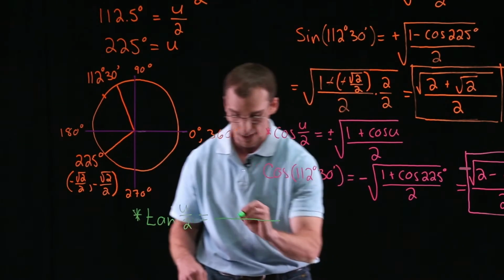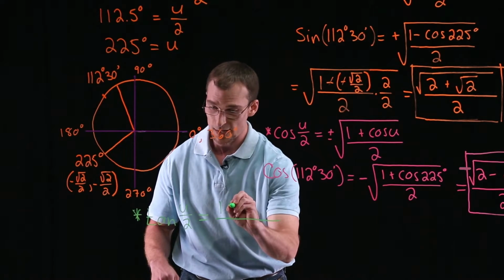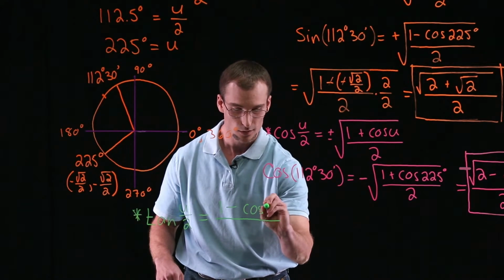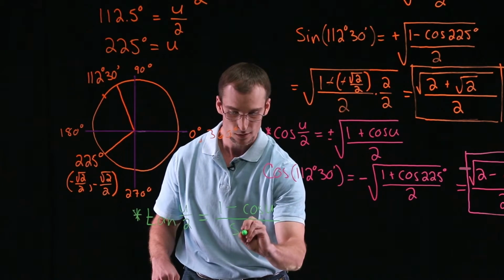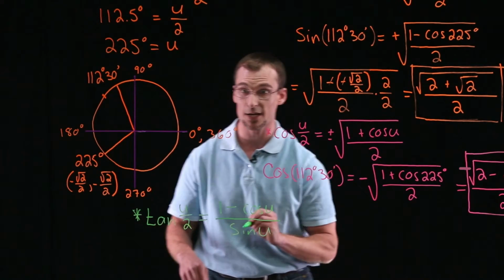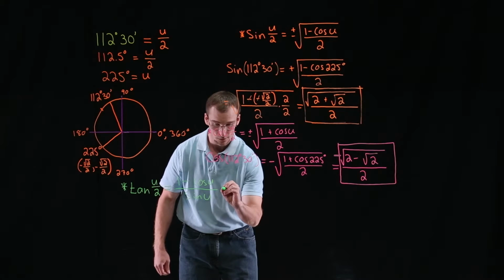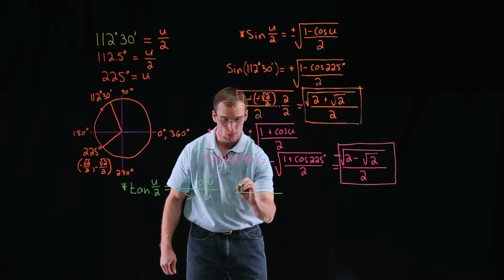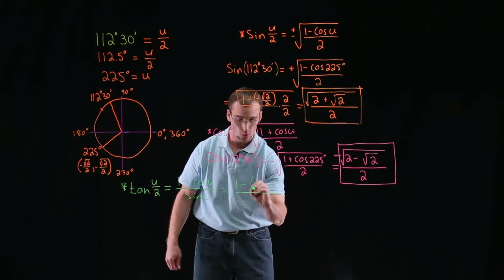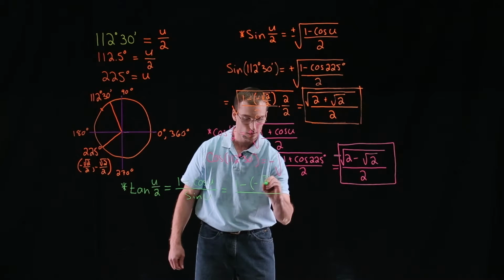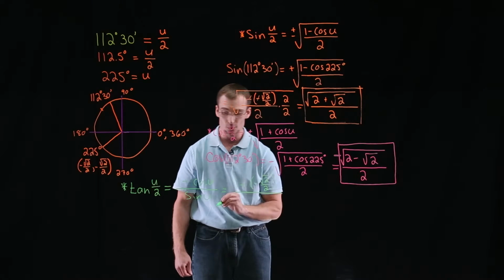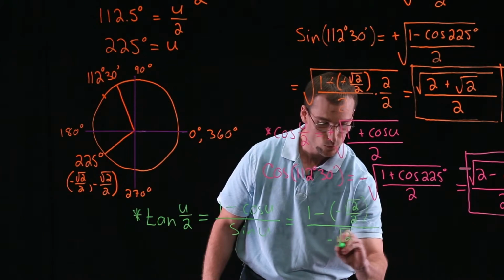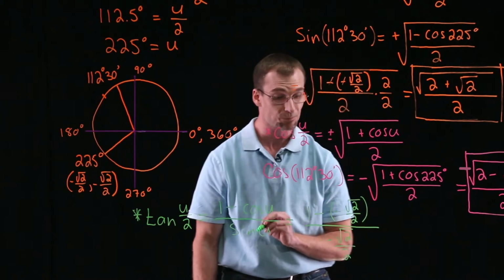So we'll just pick one, namely that tangent of u over 2 is equal to 1 minus cosine u divided by sine u. And this is equal to 1 minus cosine u, or 1 minus negative root 2 over 2, divided by sine u, which is negative root 2 over 2.